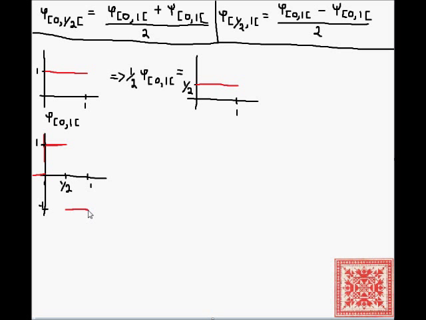This 1, and then minus 1 here, and then 0, 0 here. So if we do half of that, then it'll be 1/2 on the interval from 0 included to 1/2 excluded, and minus 1/2 on the interval from 1/2 included to 1 excluded.